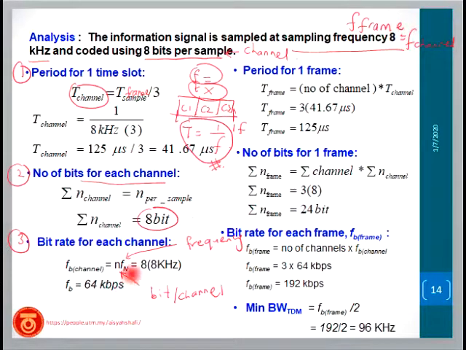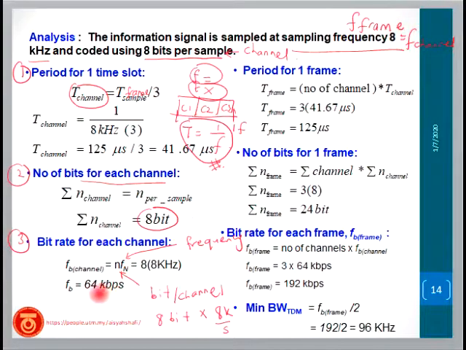Here, bits per channel is 8, so 8 bits times the frequency, 8 kilohertz, which we can also write as 8 kilo per second.